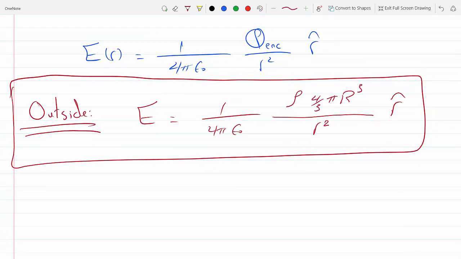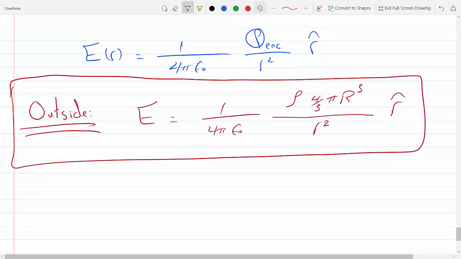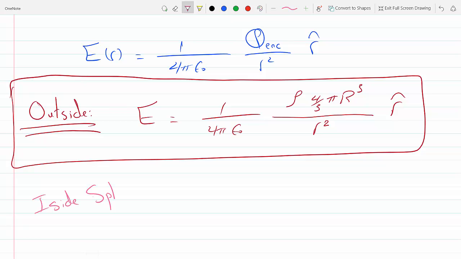If you're inside the sphere, only a fraction which is interior to the point you are considering will count.